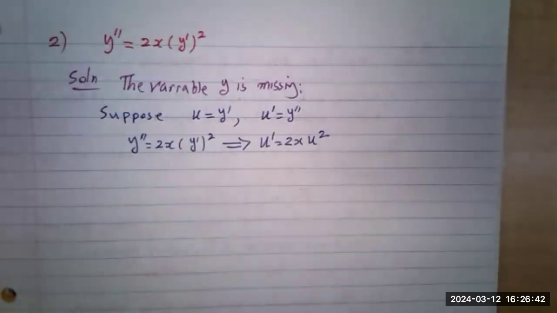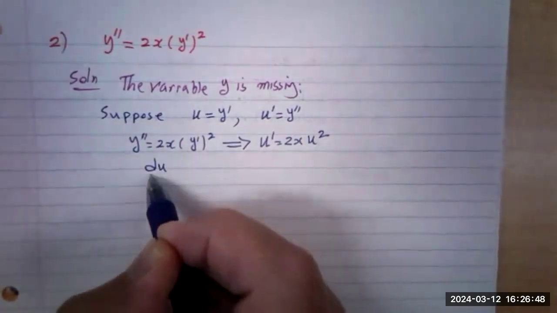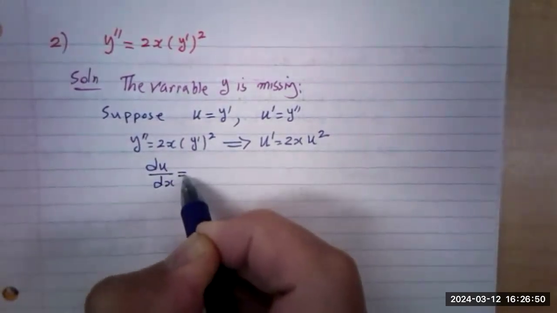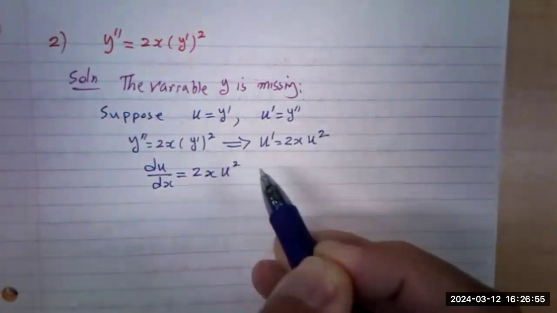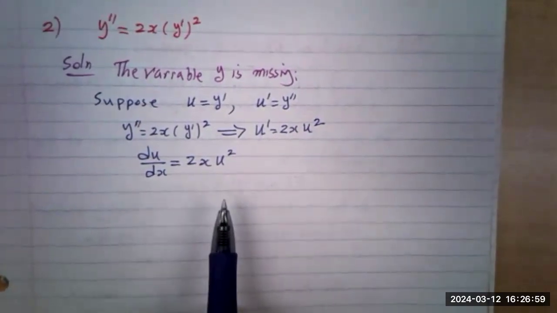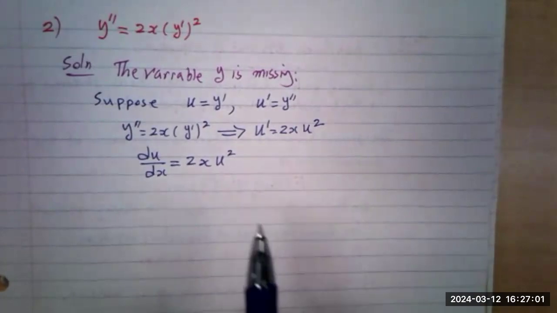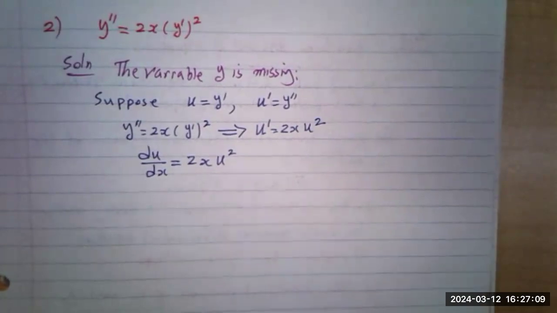Now you have to solve it. If you change the u prime into du/dx, you can find out what type of equation we have. So it's going to be du/dx equals 2x u squared. As you can see, you have a product of a function of x and a function of u. So this is a separable variable equation. You have to put the u and the du together, and the x and the dx.